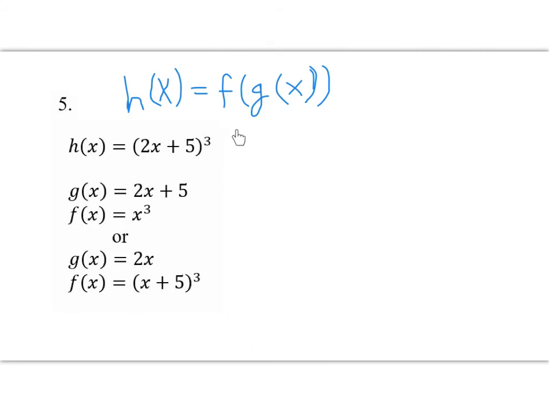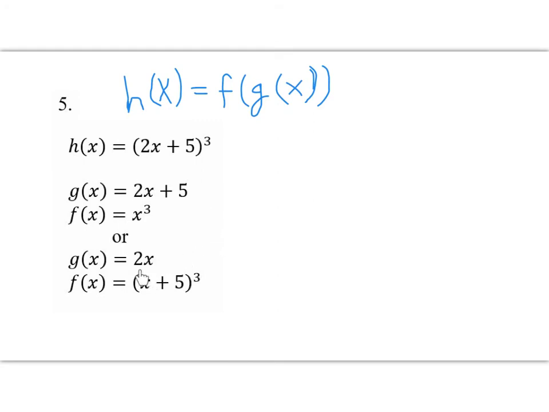So you want to make sure that when you're done, whatever you call the inside function, when you plug it into the outside function, you would end up with what you have in h. So you can see if you plug 2x plus 5 into f, you would just cube all that and you would have h. Now, as the instructions indicate, there's more than one answer here. Here's another way we could do it.